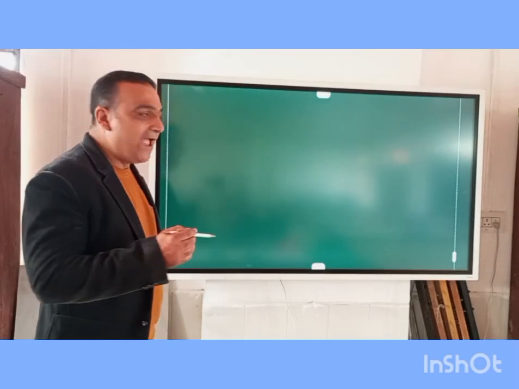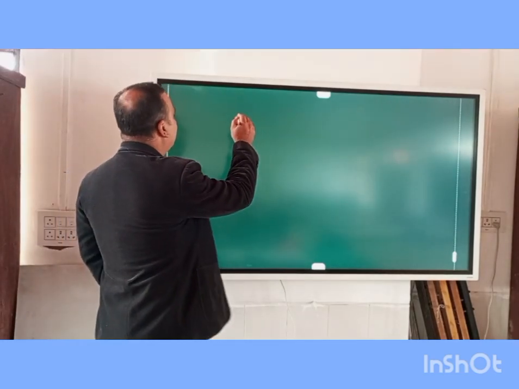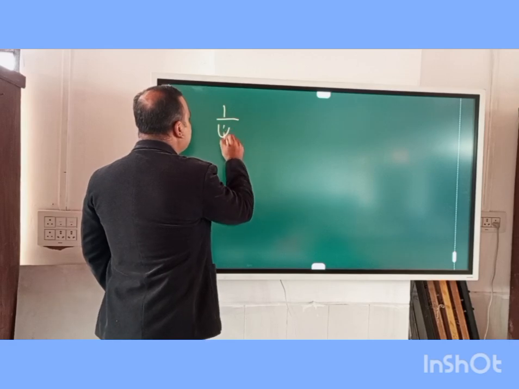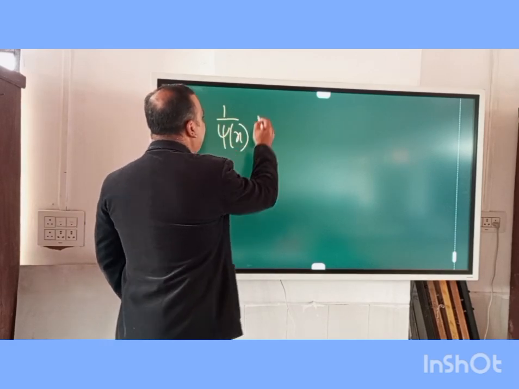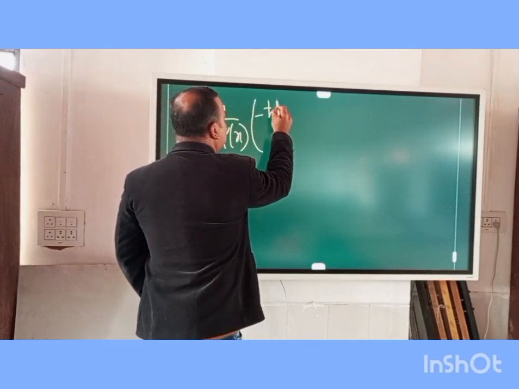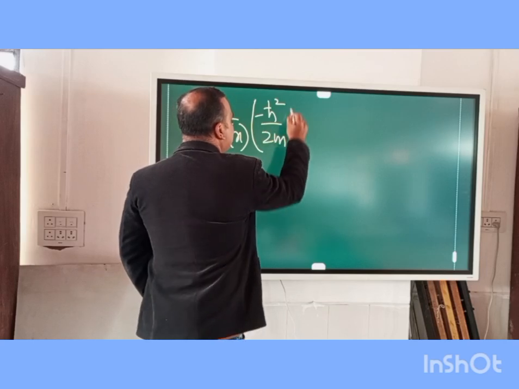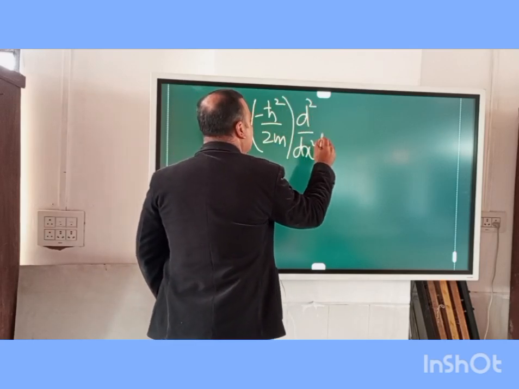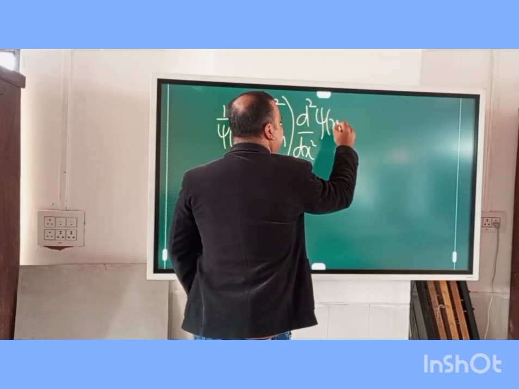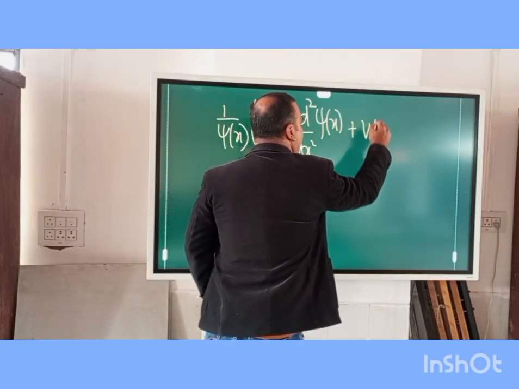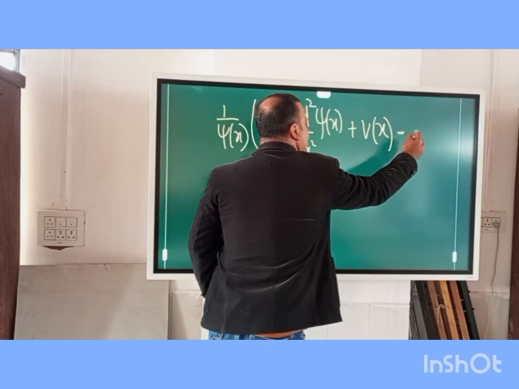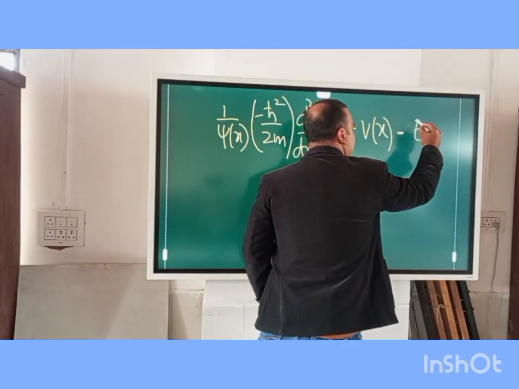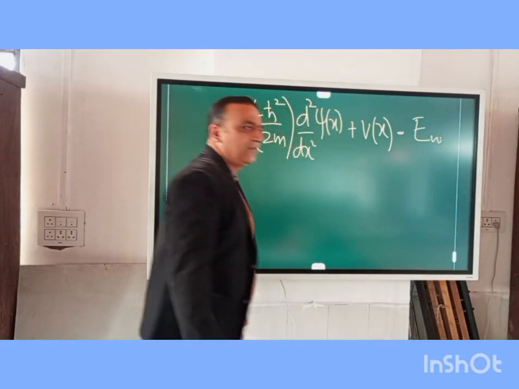Okay, so what we have is 1 by psi of x, and then minus h bar squared by 2m, then you have d2 by dx2 psi of x plus v of x, and this is equal to En, right?